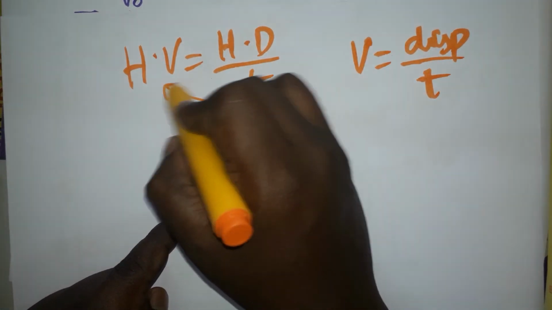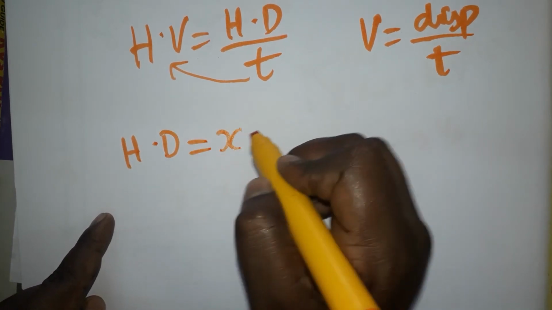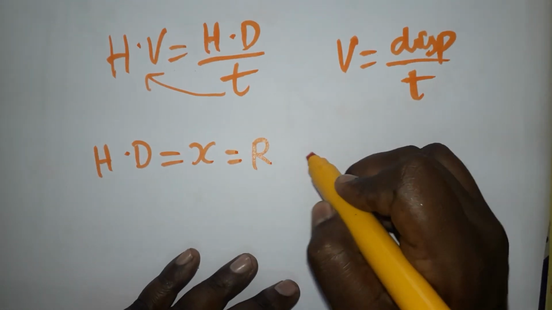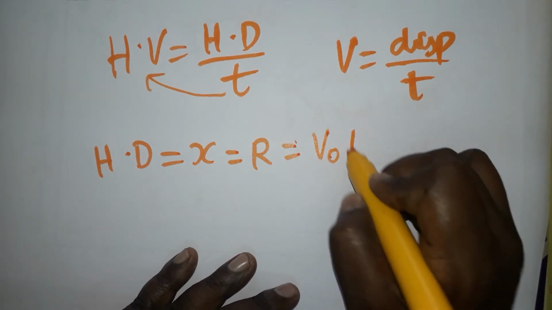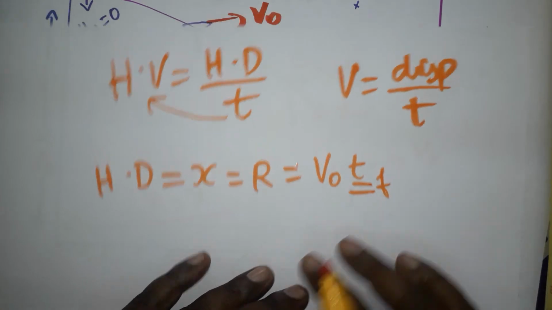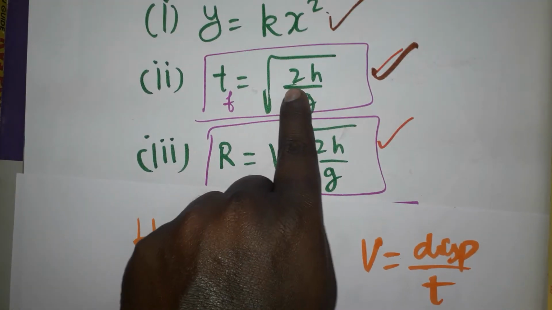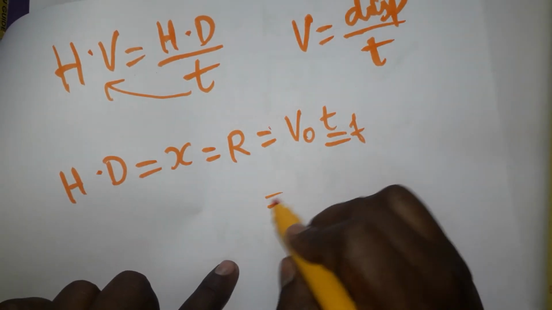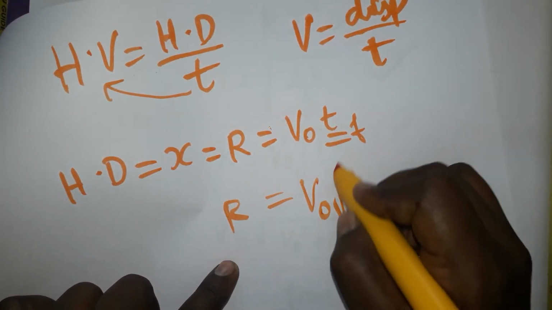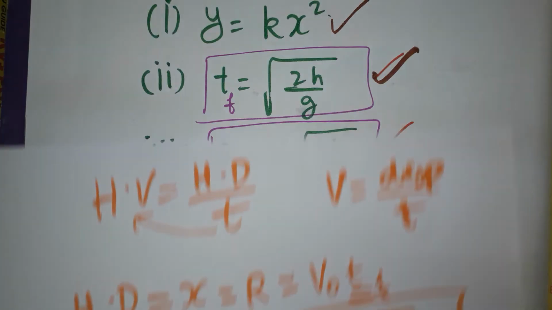So horizontal displacement on the x-axis is going to be the range. Range is equal to v naught times t, velocity times t. We already found the time of flight, so it is root of 2h divided by g. We got the range of the projection also.